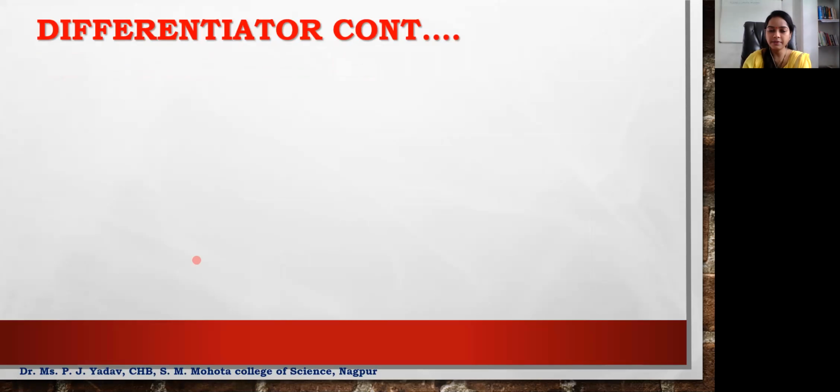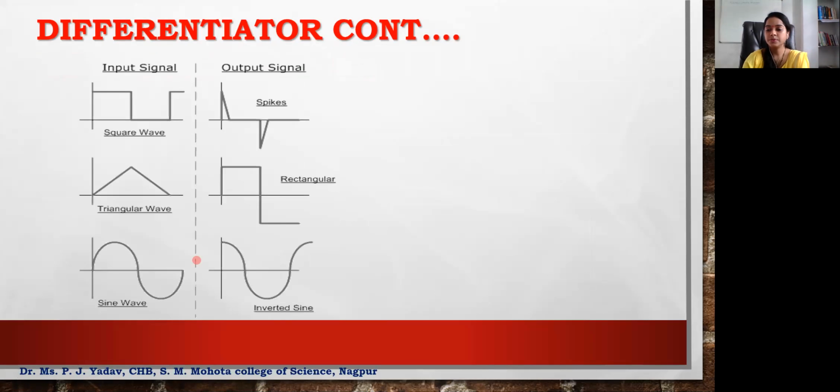So we will just have a look at the waves, how the waves will look, what the input is. If you are going to give a square wave to this circuit, you are going to get spikes at the output terminal.